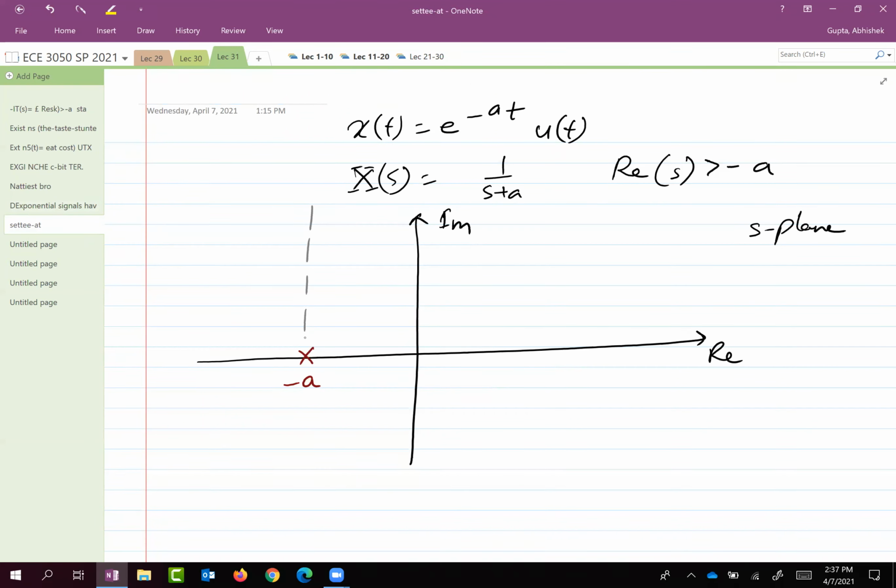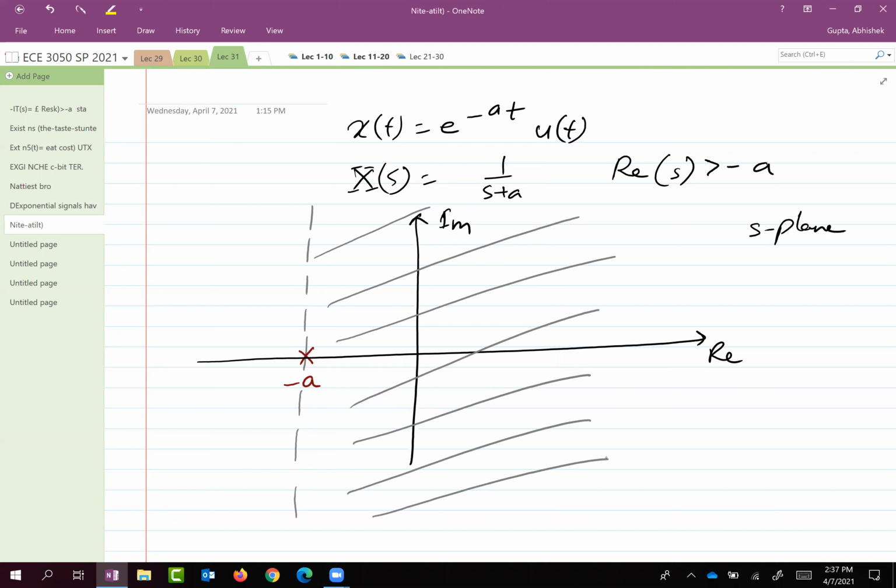I am going to draw a dotted line which is parallel to the imaginary axis, and it passes through the pole negative a. And then I'm just going to shade this region. This is the region where real part of s is greater than negative a.